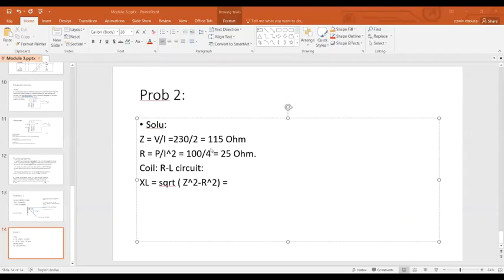So the question is to find the resistance and inductance of the coil. Right, resistance we have already found, 25 ohms. You are supposed to find the inductance. How much do you get? XL as 112.24 ohm.